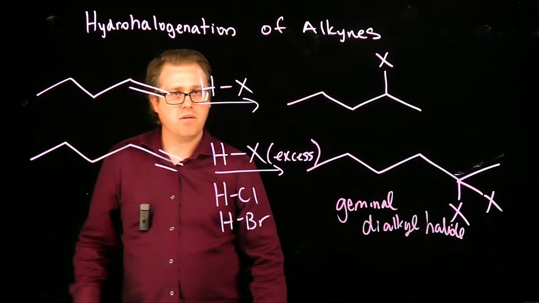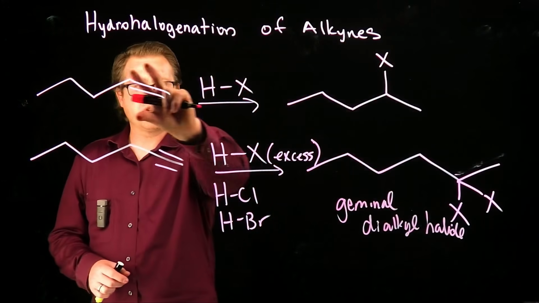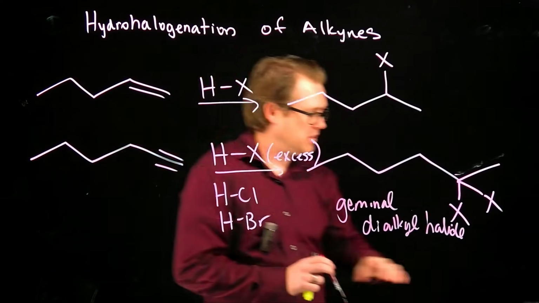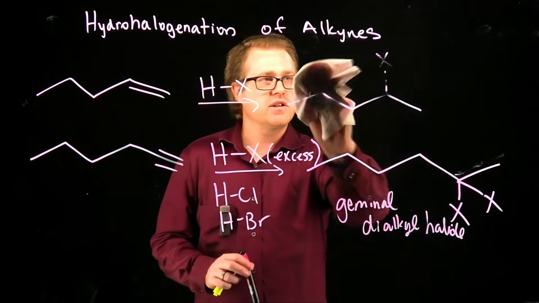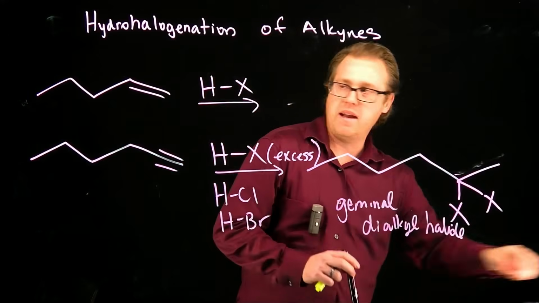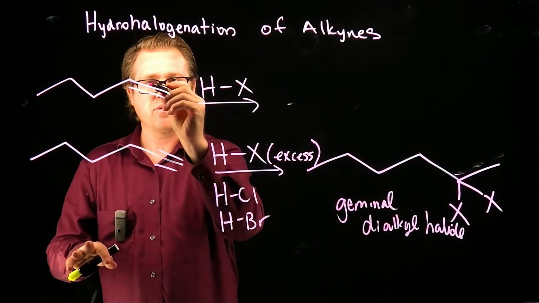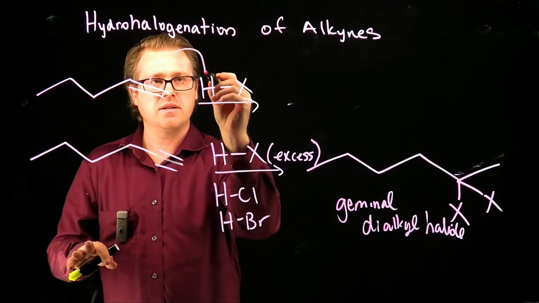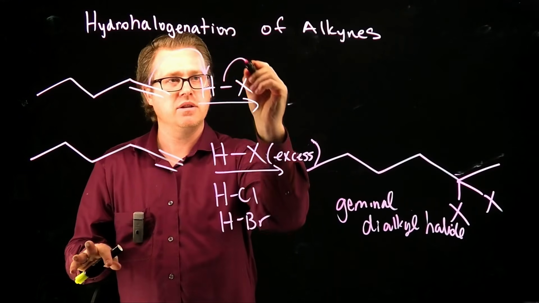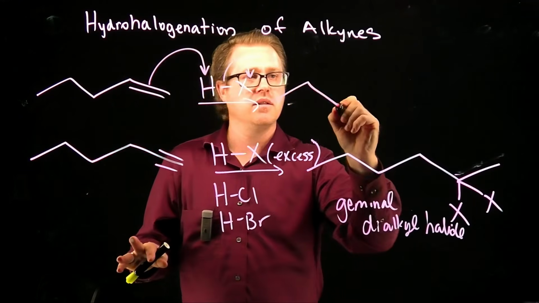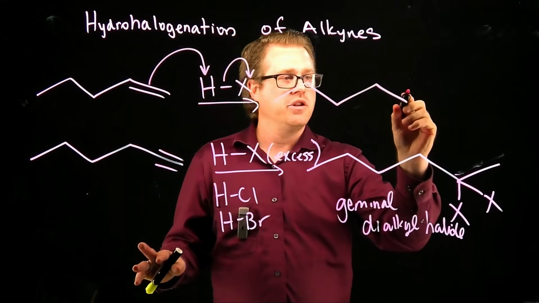Now, do you recall when we were doing this reaction right here, the mechanism? Do you recall that the first step in the mechanism is electron-rich pi electrons attacking the electron-poor hydrogen in this fashion? And that's going to what?